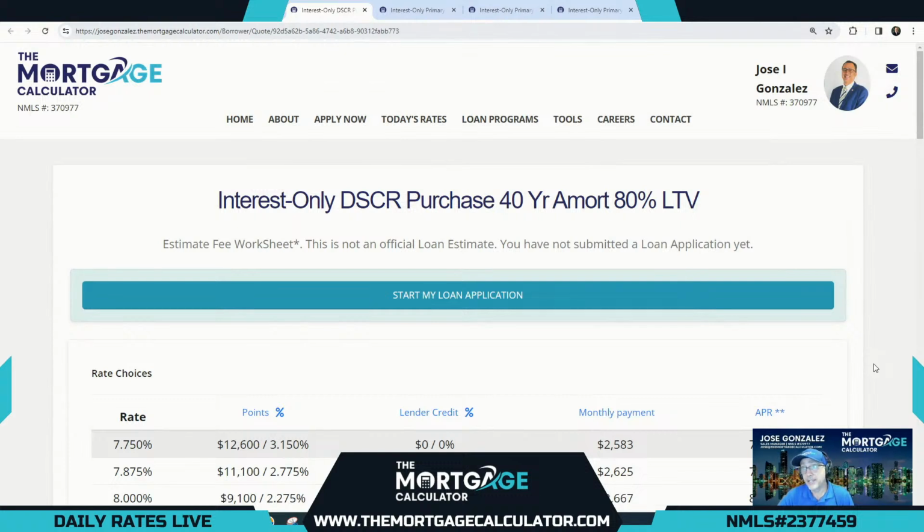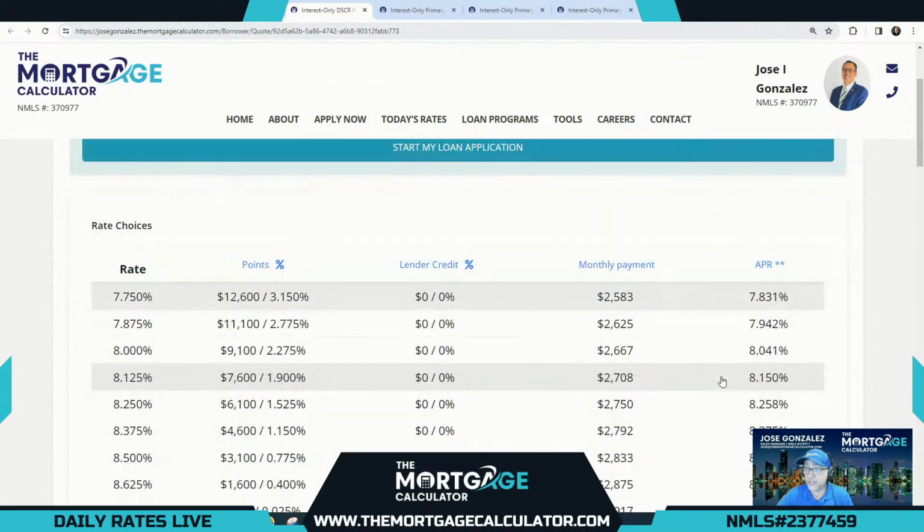The debt service coverage ratio, which is what DSCR stands for, is calculated by dividing the gross rental income generated by the property by the total housing expense: principal, interest, tax, insurance, and if applicable, mortgage insurance and HOA fee.